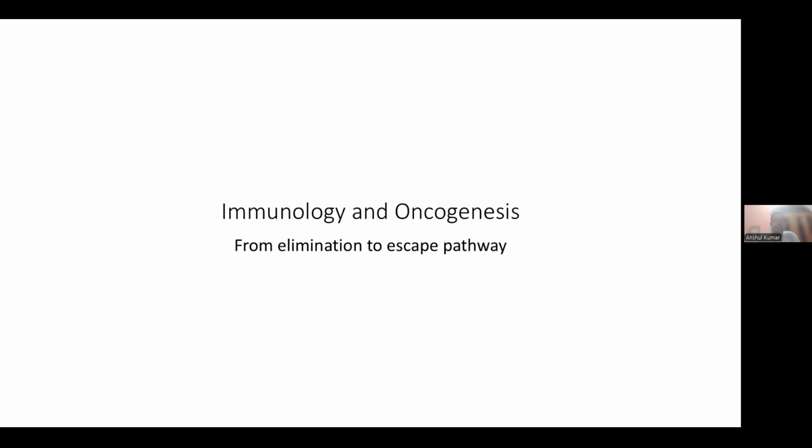The third important term is the process of immune editing. We will see what immune editing is in our lecture here, and how it goes from eliminating to accepting the tumor as its own.